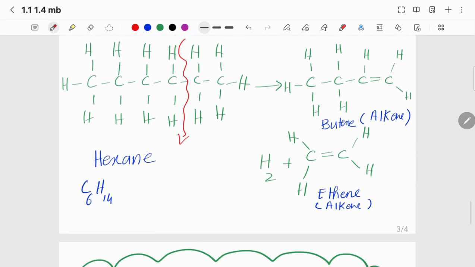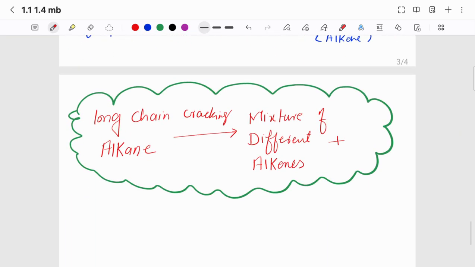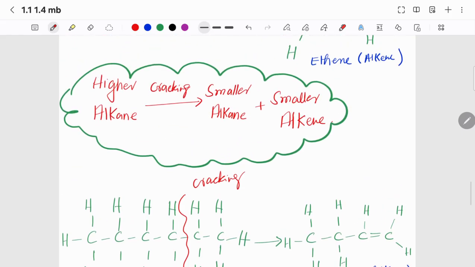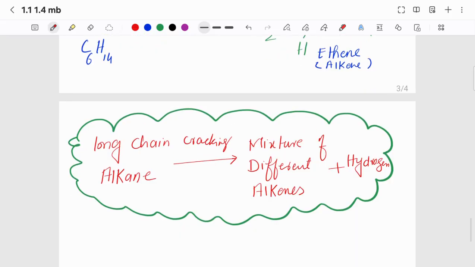As we got here, we got 2 types of alkene, one is butene and one is ethene, along with hydrogen. So either cracking can convert a higher alkane into a smaller alkane and a smaller alkene, or it can convert a long chain alkane into a mixture of 2 or more different types of alkenes and hydrogen.